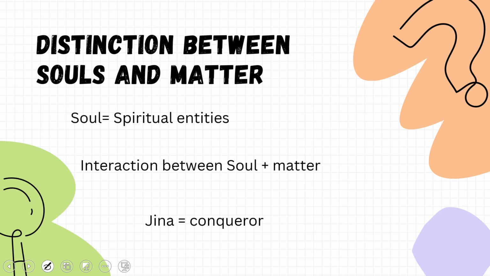Okay, so we see that the souls are spiritual entities which have inherent qualities. We dealt with that last time. What are some of the inherent qualities that the souls have? Okay, you have knowledge, then consciousness, and bliss.